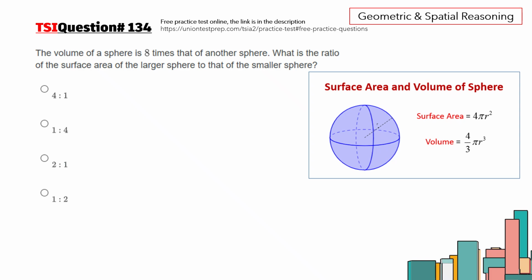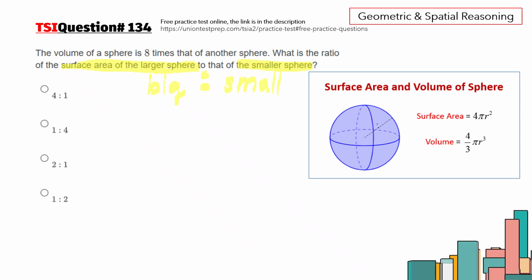When we read a question, we can eliminate immediately two choices. What they say is the surface area of the larger sphere to the smaller sphere, so it could be some bigger number to smaller numbers.